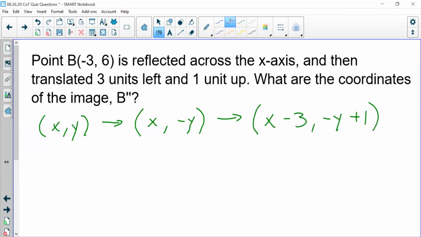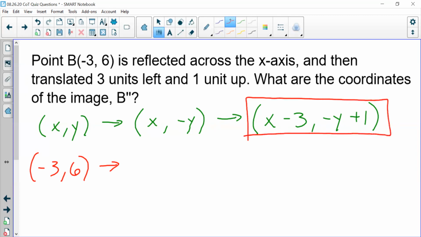So just like before, we're at (negative 3, 6), and you can follow this chain of command. The other thing you can do is, since you already have the rule at the end, you can just jump straight there. I'll show this both ways. First, let's follow the chain of command.